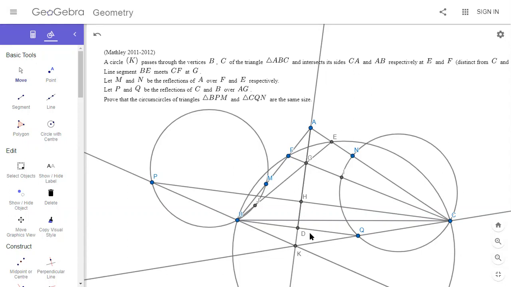So by sine rule, the angle opposite to PB, that is angle M, must be equal to the angle opposite to QC, which is angle N. And I found out that they are equal. How did you find that they're equal?